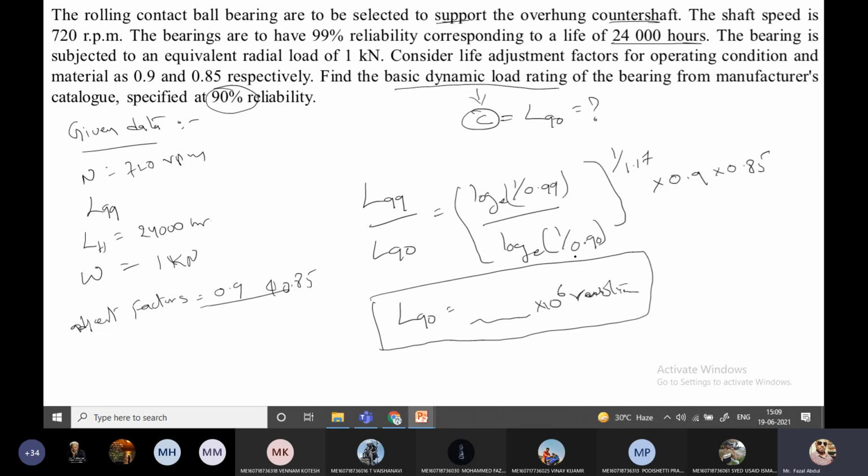Don't substitute all the values at a time. Calculate the numerator value and the denominator value separately. After calculating separately, then substitute. If you substitute all the values at a time, there will be some errors in the answer.